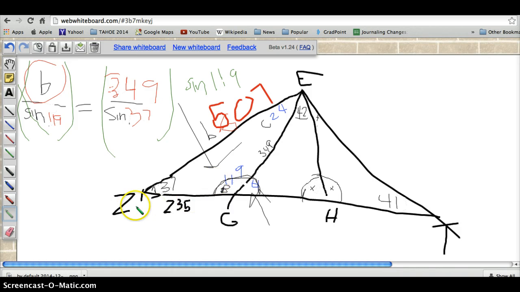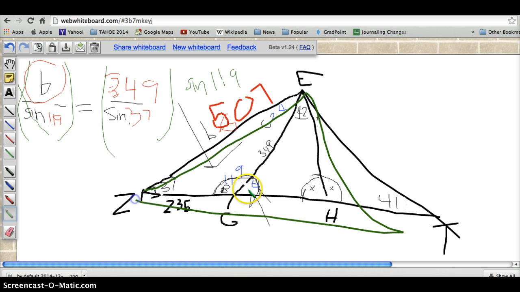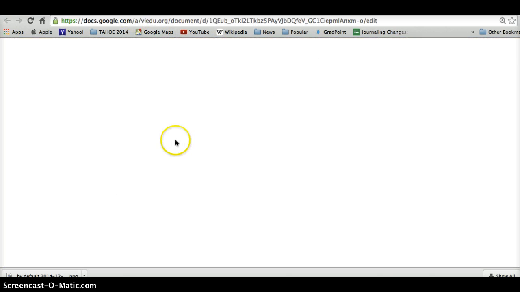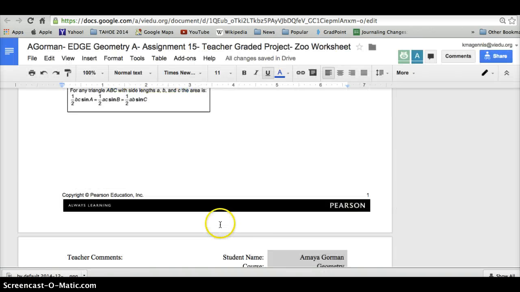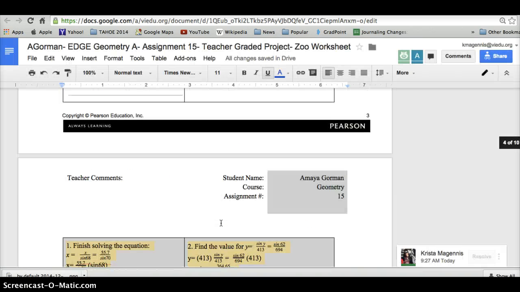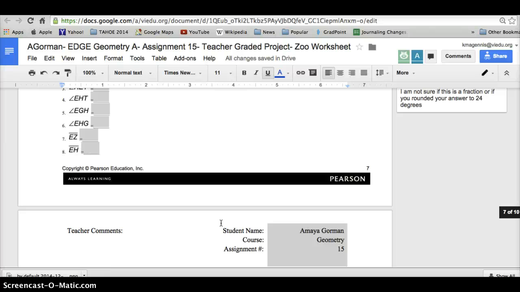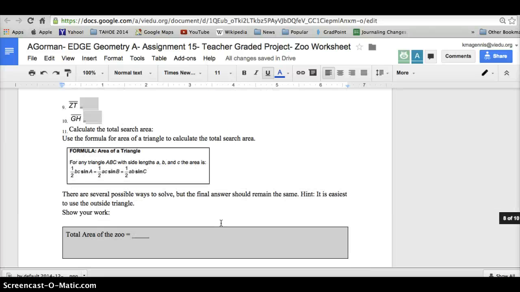Now the next part, once you've completed this whole triangle, it's going to ask you for the area. You are going to use the big outer triangle to plug in to this formula, all the way down to here.